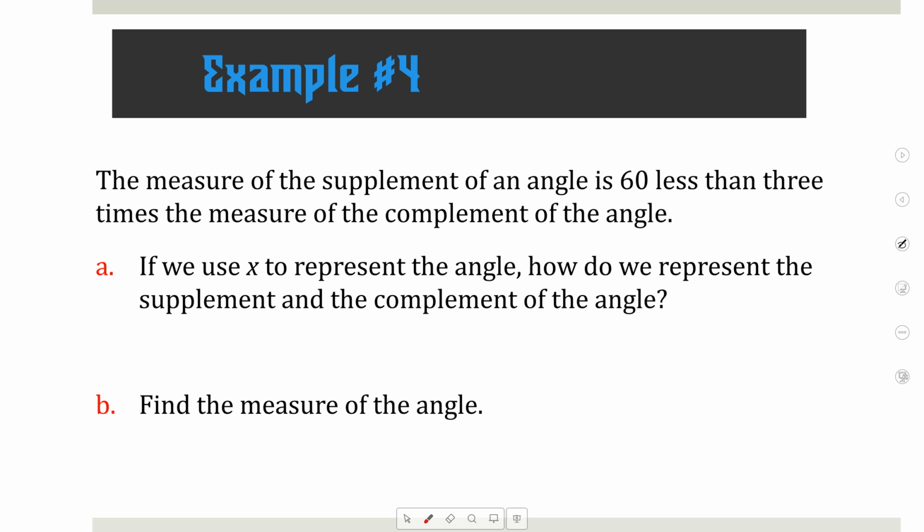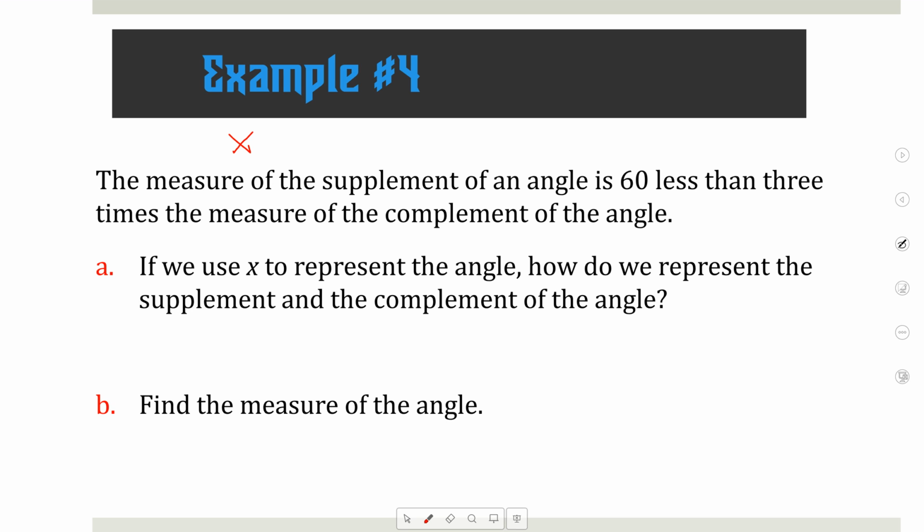Okay, so let's go back to the problem from the homework. We had a problem where I gave you 54 degrees, and part of that 54 degree angle was x. And I asked how much is the other angle. The same thing happens here. If I have an angle x, that x has something called a supplement, and it has a complement.